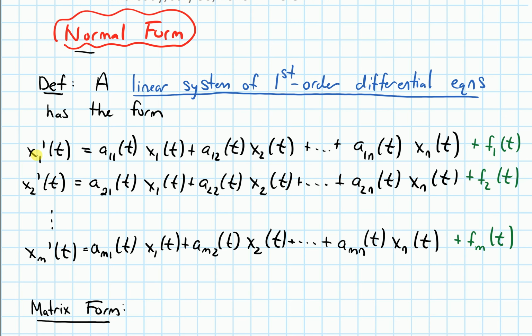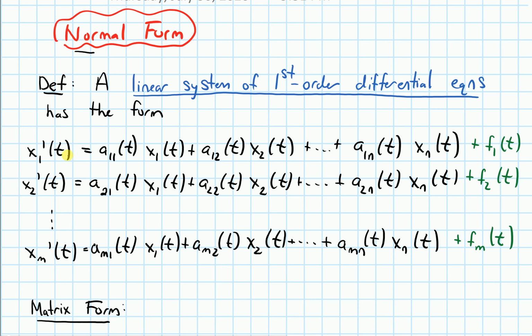For example, x1 prime of t is equal to a11 of t, which is some function of t, times x1 of t, plus a12 of t times x2 of t, and I keep going like that until I get to a sub 1n of t times x sub n of t, plus some extra function, which I'm calling f1 of t. I write out equations like that for each of these derivatives.